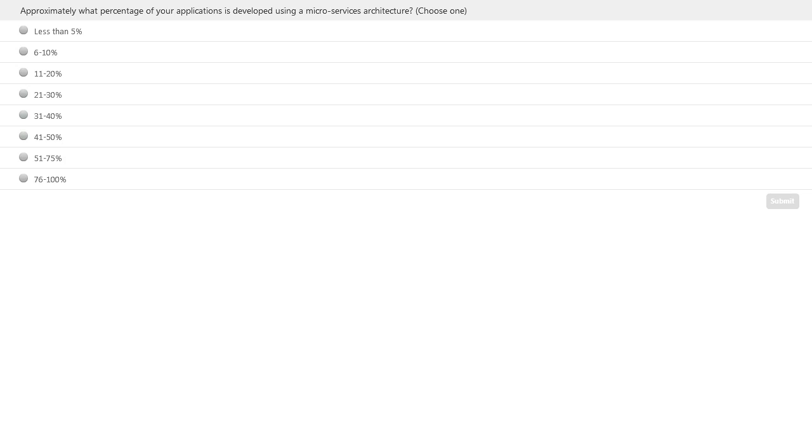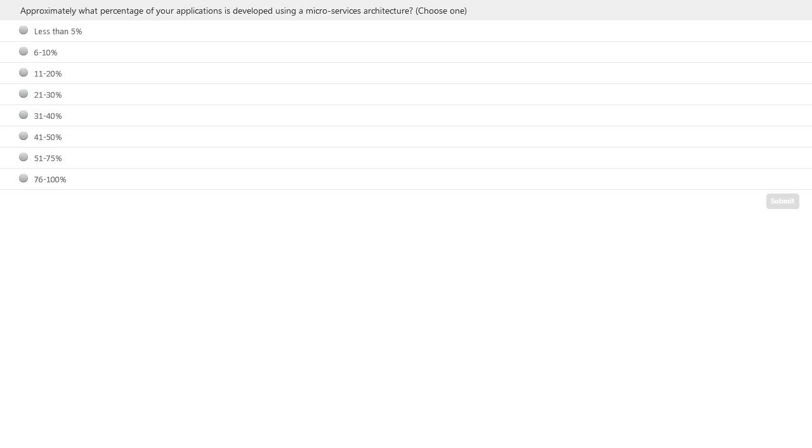So I'd like to give the audience just a moment to respond, and I'd like to see what percent of your applications have been developed using a microservices architecture. If you could help us by sharing that, then we'll be able to understand where at least the audience is in looking at and changing their application stack.